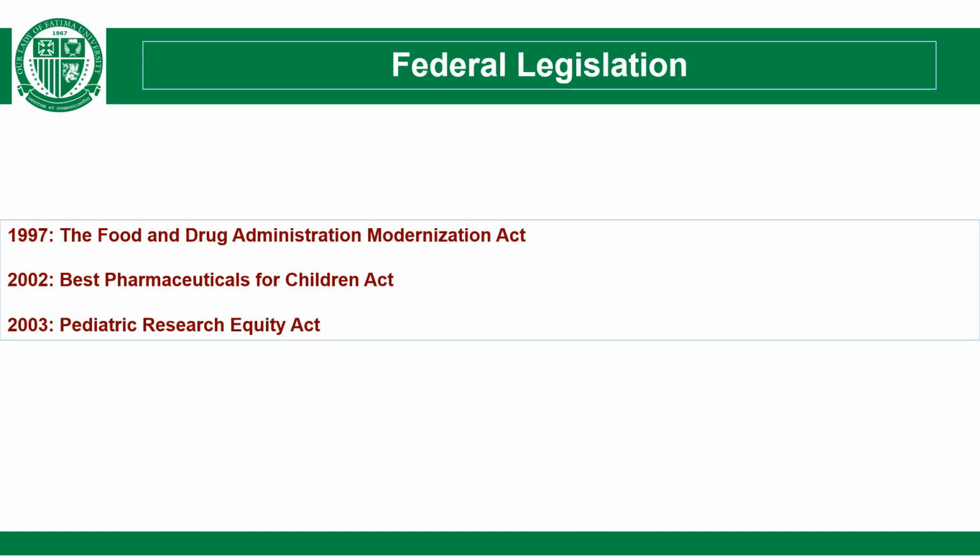The Pediatric Research Equity Act, however, authorizes the FDA to require that drug manufacturers test certain drugs for their safety and effectiveness in children. Remember that children are not small adults, they are developing humans. Hence, different drugs must be dosed properly for the benefit of the children.